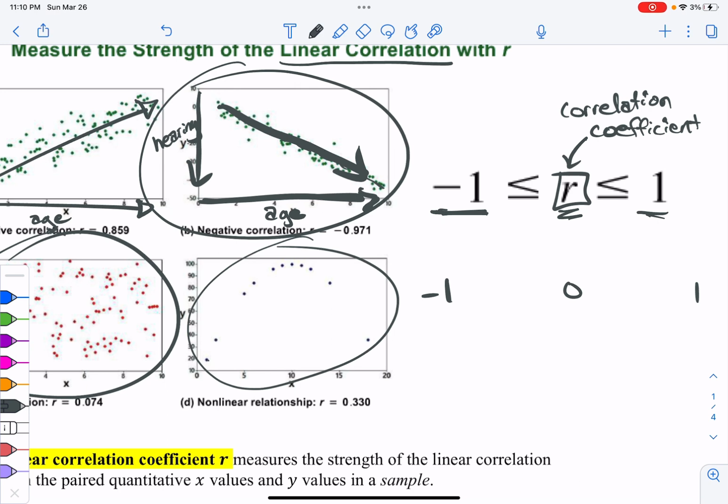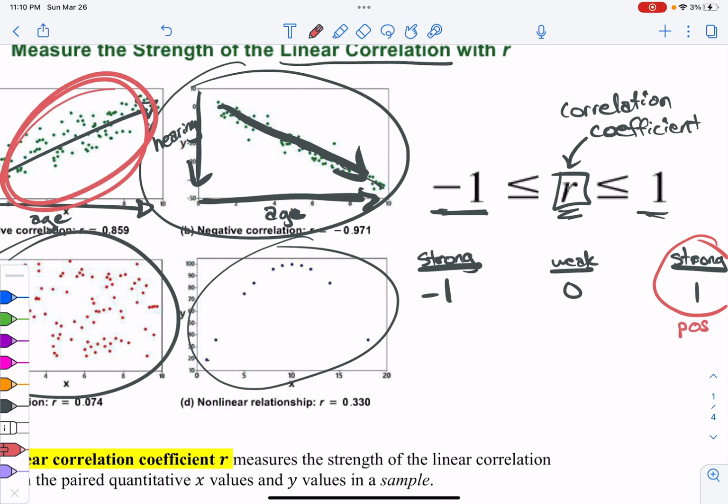The stronger the correlation is, the closer those values are to -1 and 1. Okay, this is a weak relationship. This would be a strong relationship in the positive direction, so it would look a lot like this example, and this would be a strong negative relationship.